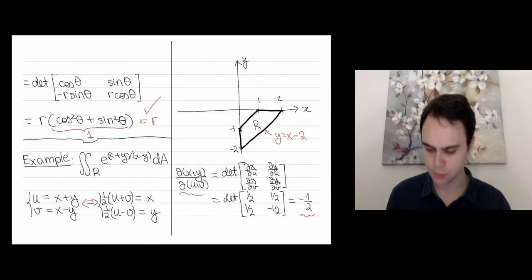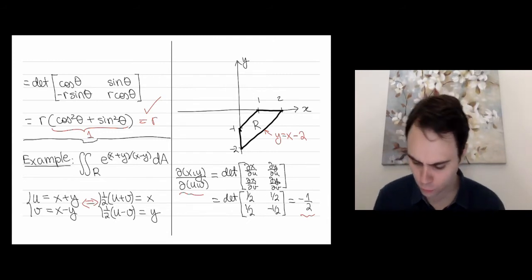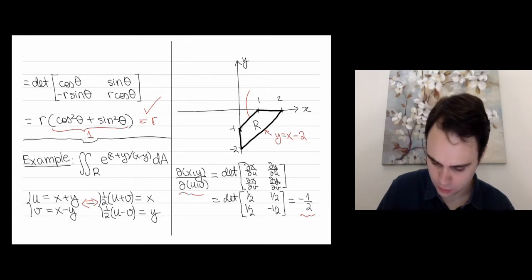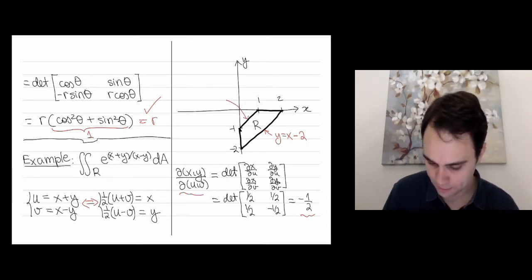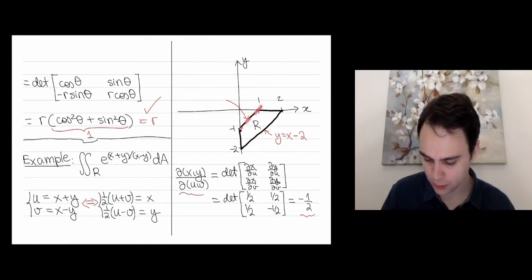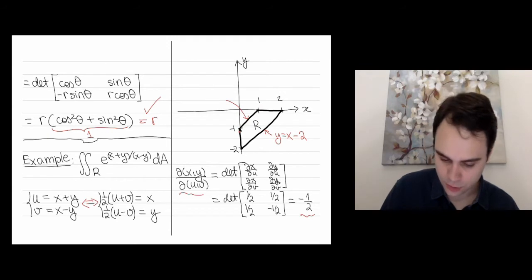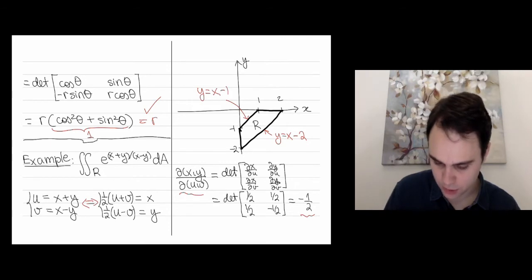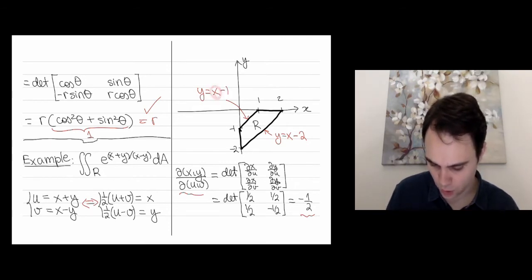So that's y equals x minus 2. All right, let's find an equation for this side over here. This other line, same deal, has slope 1. You move 1 unit to the right, you go 1 unit up. So the equation is y equals x minus 1, because when x is 0, y is minus 1.